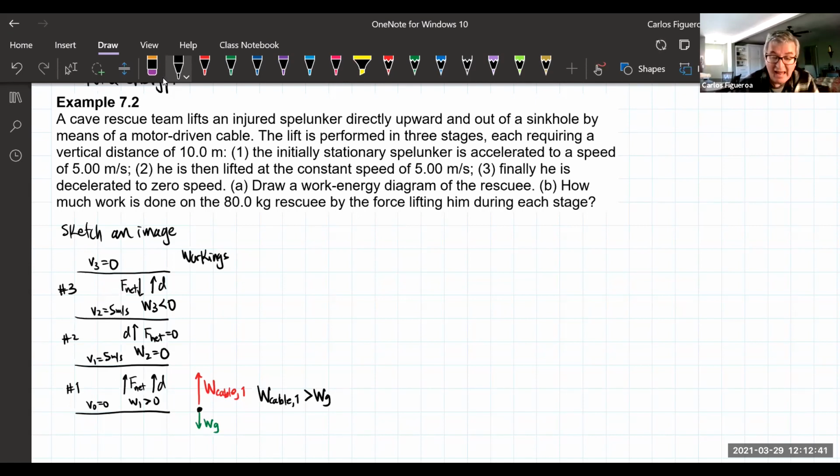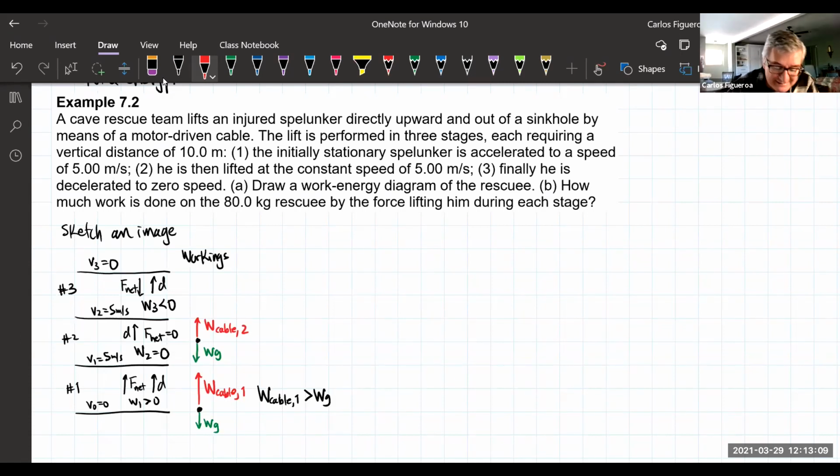What actually has to happen? Well, in this case here, if there's no net work being done, then the work going in has to be the same as the work coming out. So in other words, this work of gravity must be balanced by the work of the cable during stage 2.